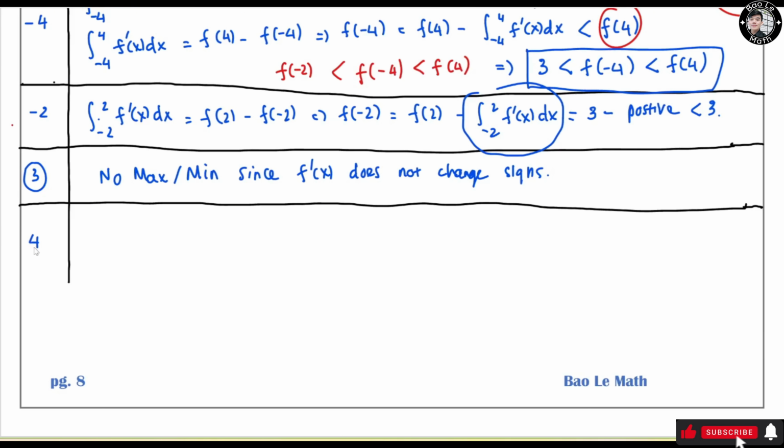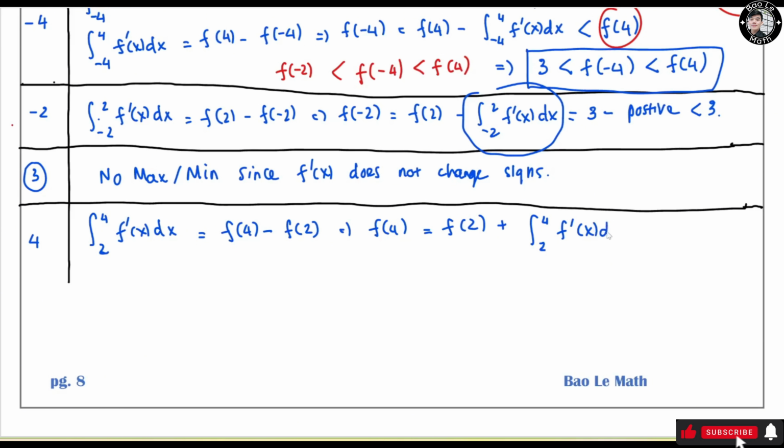At s equals 4, we have the integral from 2 to 4 of f prime of s ds equals f of 4 minus f of 2. And then f of 4 equals f of 2 plus the integral from 2 to 4 of f prime of s ds.